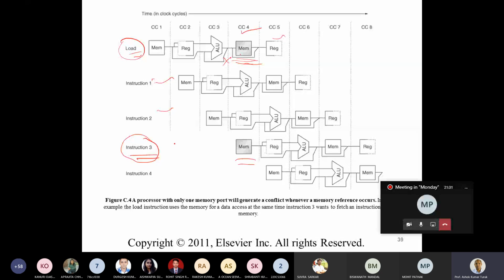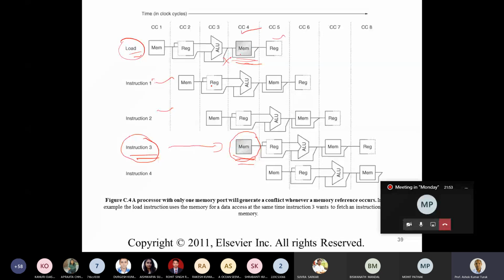The instructions which are nearer to the start of the pipeline, like instruction 3, are not much deeper into the pipeline. This is my 5-stage pipeline. Instruction 3 is at the beginning, the instruction fetch stage, and the load instruction is in the 4th stage, so it is much deeper in the pipeline.